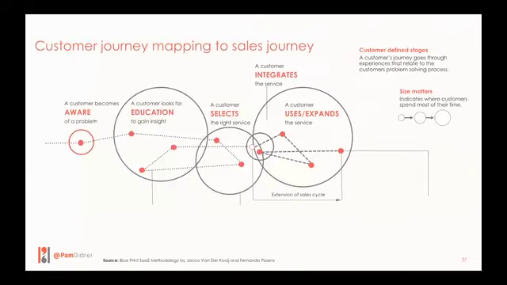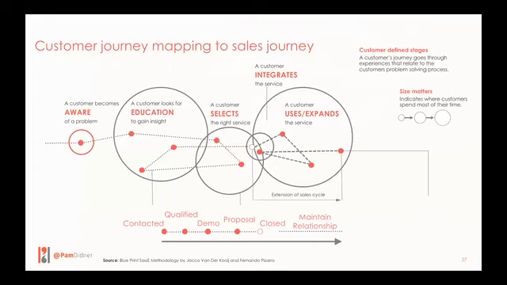The next thing that you can do is, you can see I'm trying to map the customer journey on the top and also the sales journey on the bottom, right? So if I can actually map that somehow in terms of a qualified lead, especially NQL, which is right here, is somewhere that it's already in the process of educating themselves.